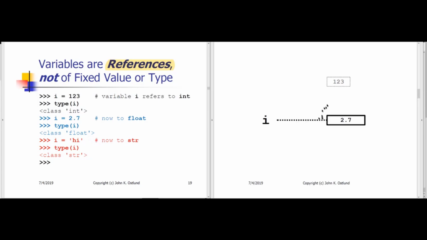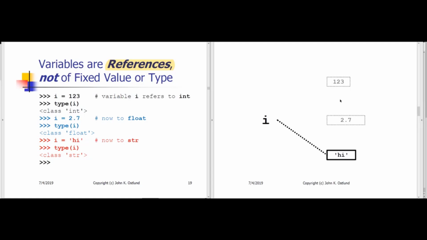In fact, assuming that there is no other variable referring to that 123, that int value 123 can now be reclaimed from memory by your Python environment, so that that space could be reused for some other object. Then when I say I gets "hi", space is set up in memory for that string "hi", and I is modified to refer to that string. 2.7 now, unless there's some other variable referring to that value, has no references and so can be reclaimed from memory.